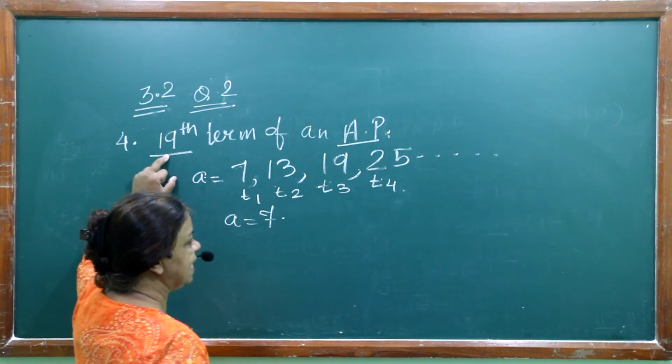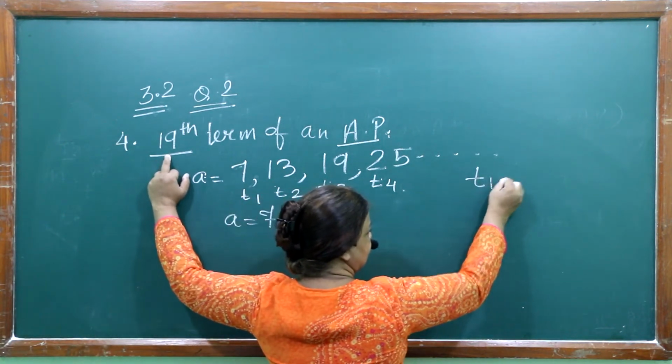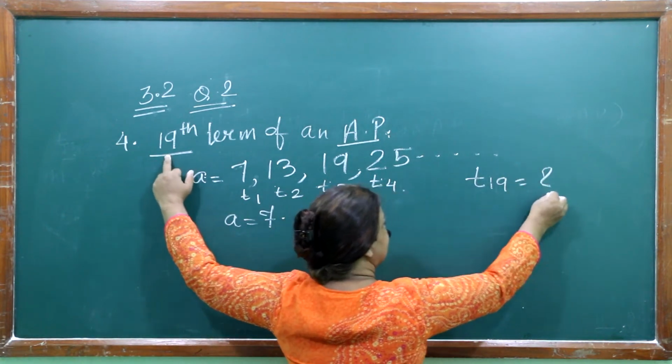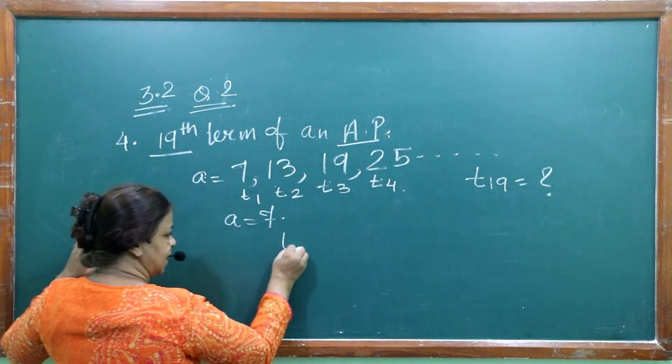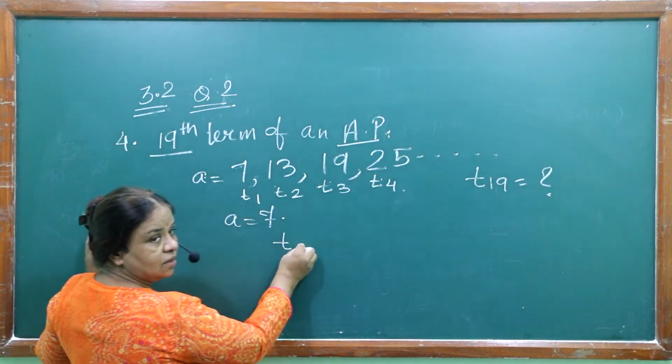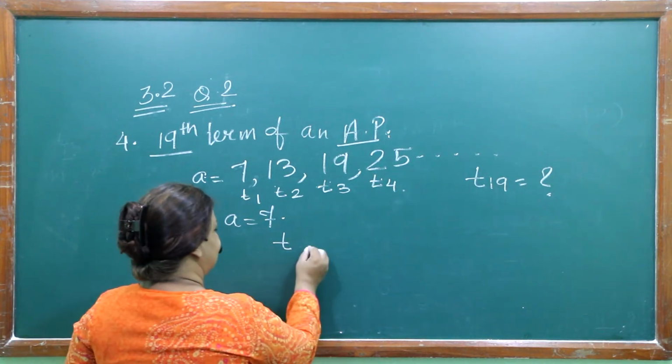I want to get T19. 19th term means I want to find out the T19 term. So as usual, which formula will I be using? Children, correct?